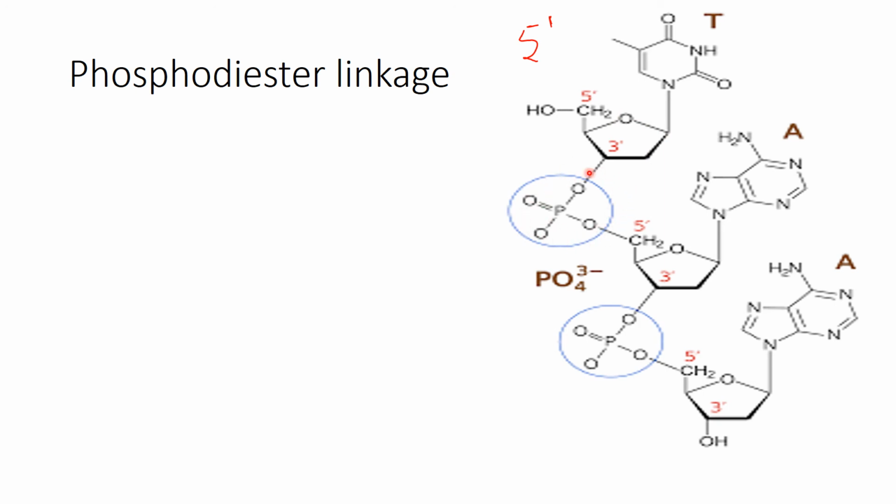So there is a bridge, and this bridge acts as a link between the first nucleotide and the second nucleotide, and this linkage is called phosphodiester linkage. So these were the basic skeletal structures which were very important from the point of view of the structure of DNA.